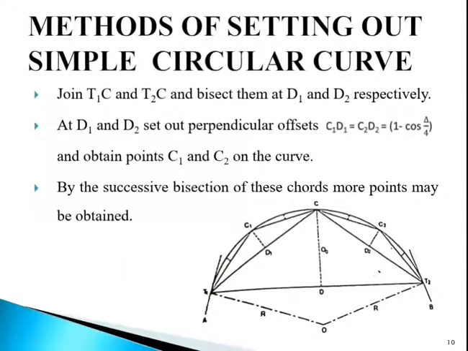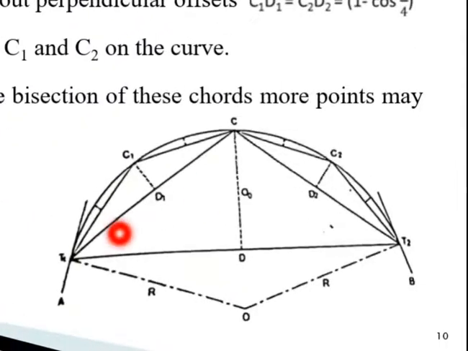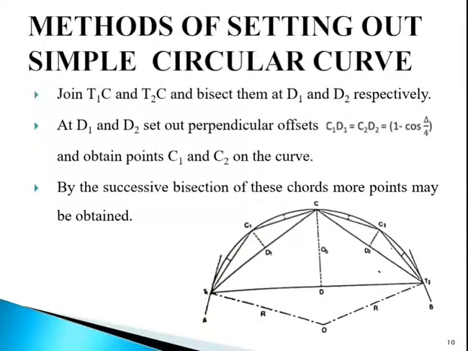By successive bisection of the chords, more points may be obtained. Follow the same process to obtain the remaining points.